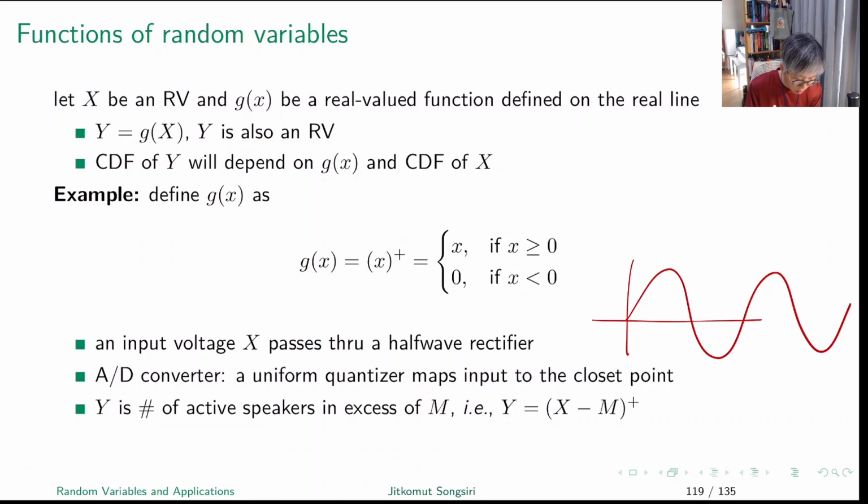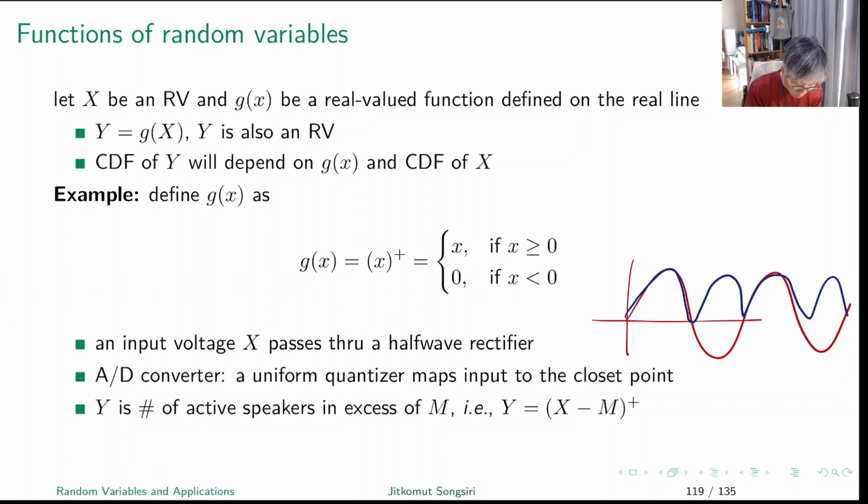Suppose a signal x takes both positive and negative values. After applying this function, it's just going to flip the signal onto the positive y-axis.